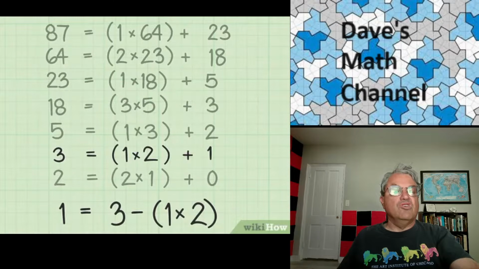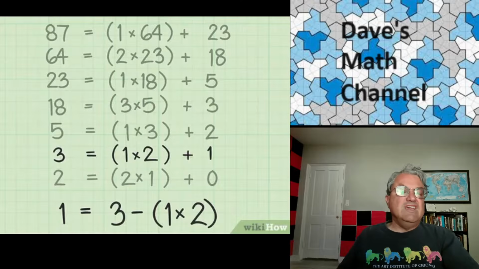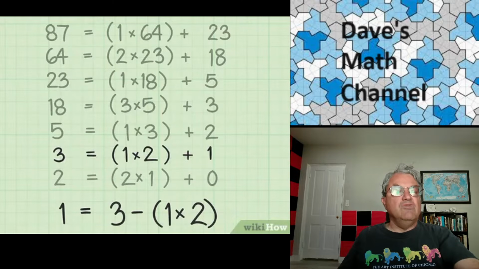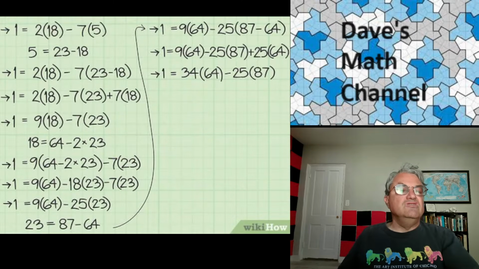There's also an algorithm called the extended Euclidean algorithm. You have to backtrack, and we have to write 1 as something. In this case, 1 is like 3 times 1 plus 1 times 2, but we're not done. We have to keep backtracking, and they do this here.